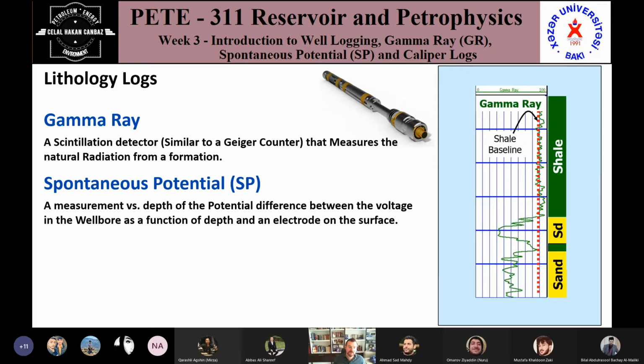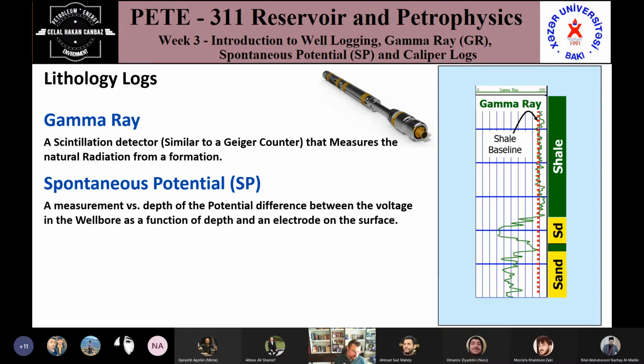There are some radioactive materials, radioactive rocks in nature, and all your rock types include some of these in different percentages. We know this one. For example, what is the average radioactive material involved in sandstone or carbonate? We know it already.